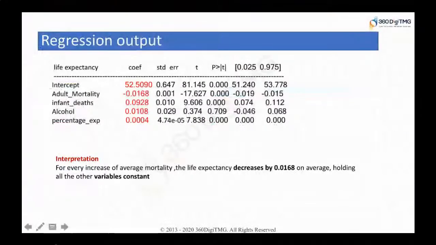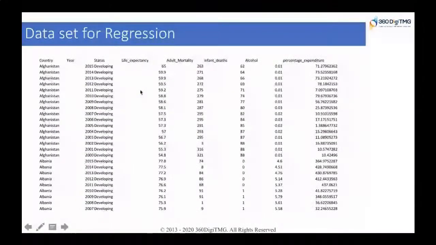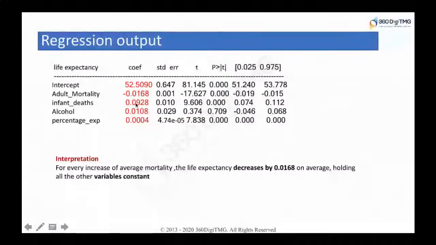See, I have taken only a few of the observations here. If you can see, this is the regression output we got here, right? So how do you write the equation here? We write the equation saying that life expectancy, right, is equal to, this is your y.